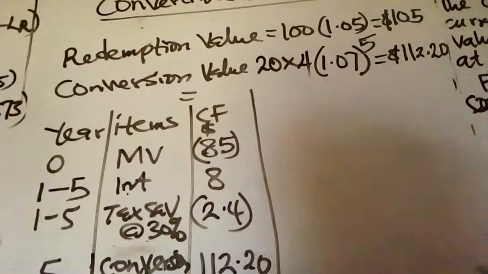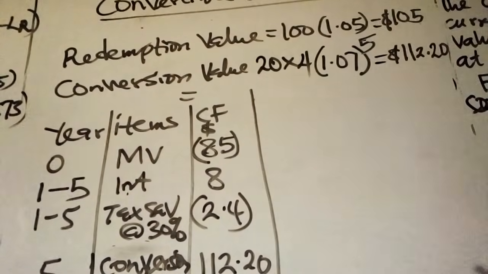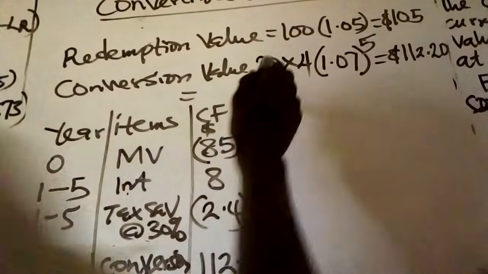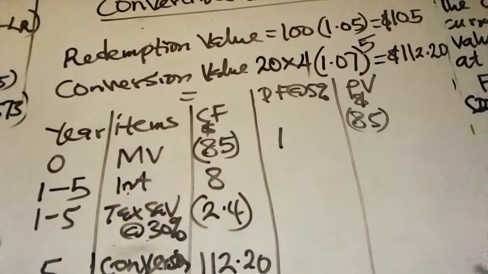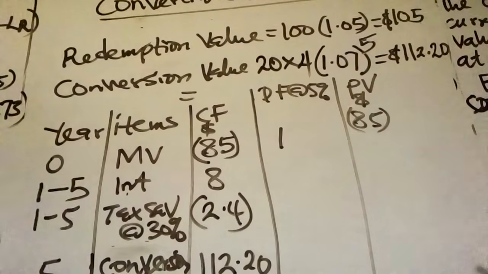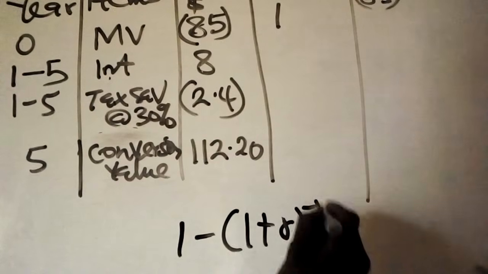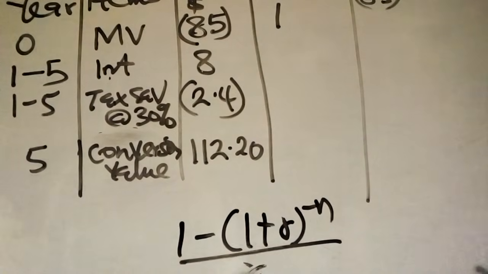So now you discount it. By trial and error, let's try 5% as well. Discount factor at 5% cost of capital. So the present value, 85 times 1 will still be 85 outflows. Then we also have the cumulative factor. I've told you that you apply this formula: 1 minus (1 plus r) raised to power minus n, over r, for 5 years.